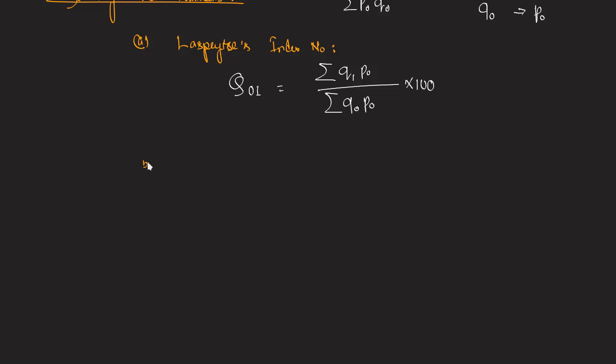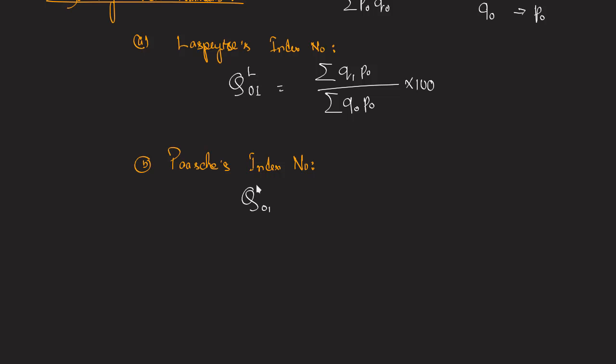Next, number B, after Laspeyres is Paasche's index number, Paasche's index number for quantity. So this will be Q01.